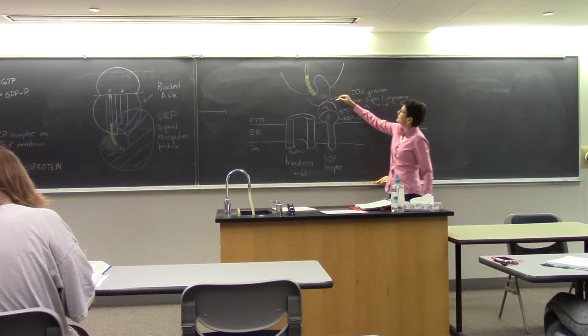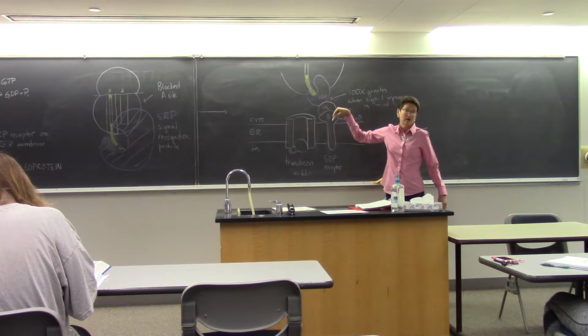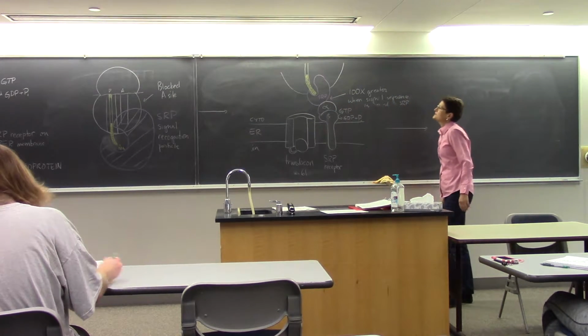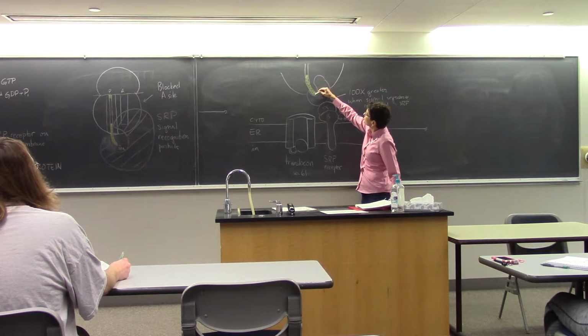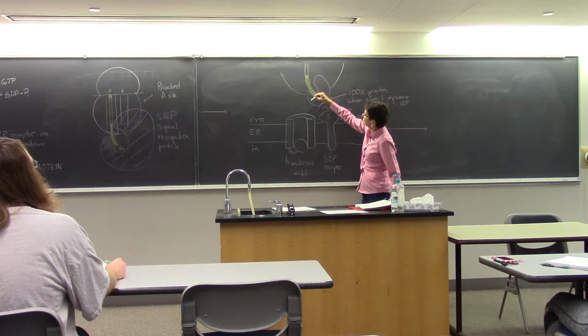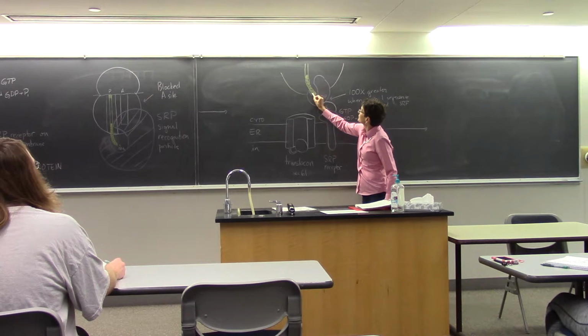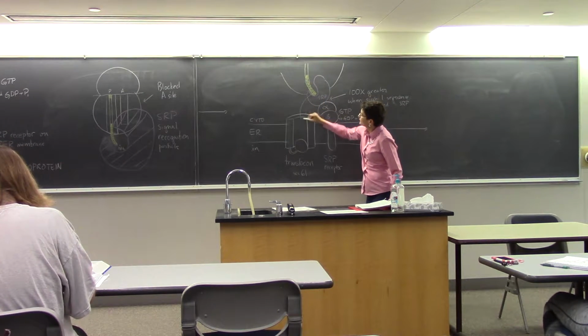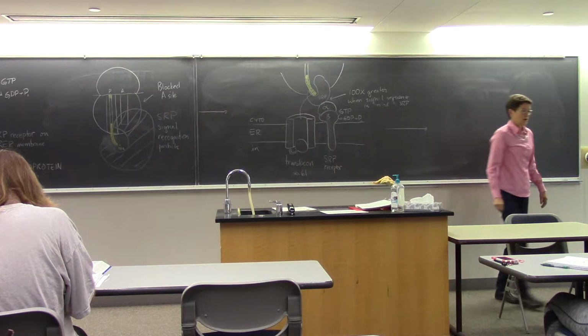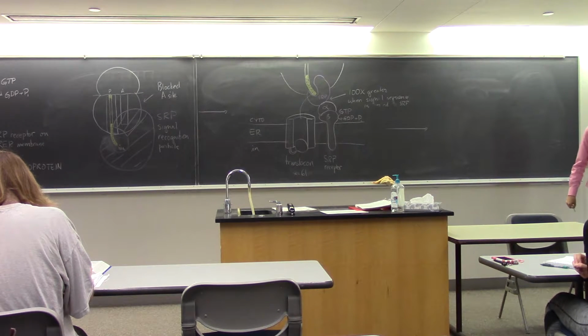The energy released by these GTP hydrolyses, the two of them, is going to transfer the signal sequence from the SRP into the translocon. So we're going to see this thing get transferred to the translocon, and that's what the energy is going to be used for.